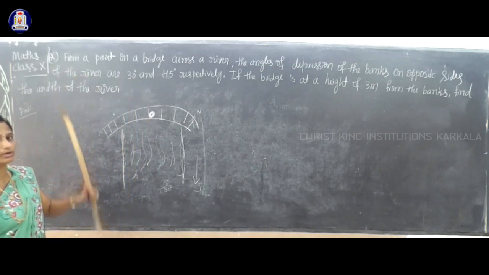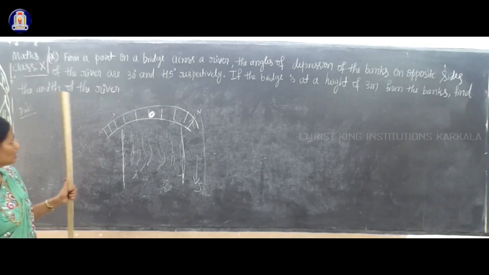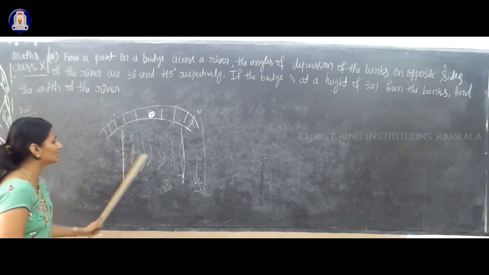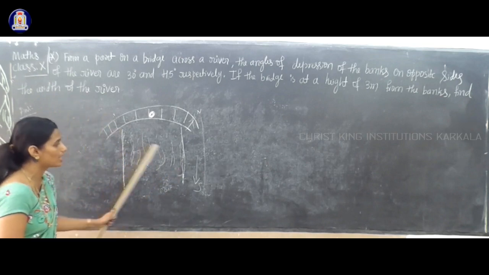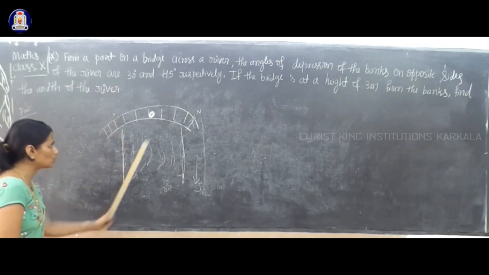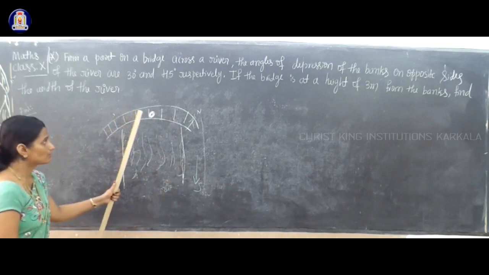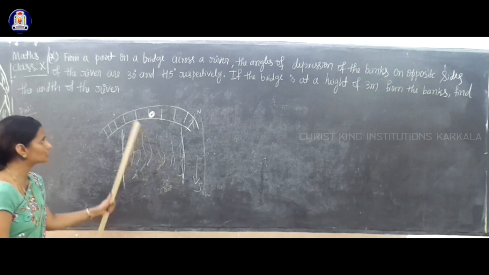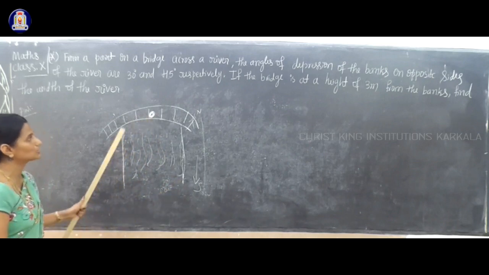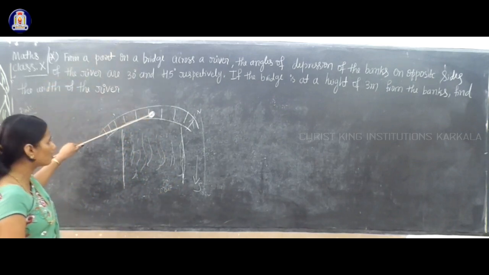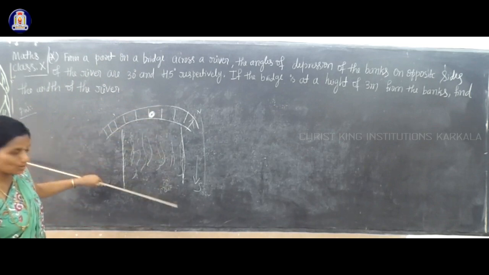So angle of depression to the opposite sides, the banks of the river. So these two are the banks of the river. So from this point to the banks of the river, whether it is above or below the angle, it is below. Correct?